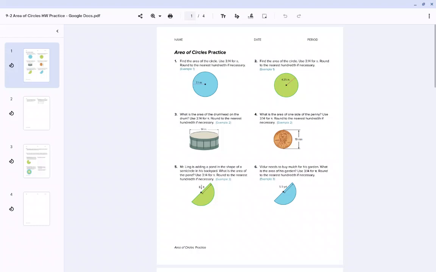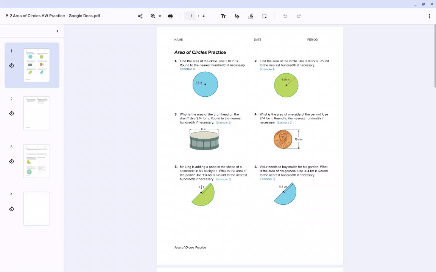So let's go back to our formula. We've got pi, so 3.14 times our radius 8.75 times 8.75. So plug all of that in. 3.14 times 8.75 times 8.75, which comes out to 240.41. But this is a full circle, and the shape is a semicircle.